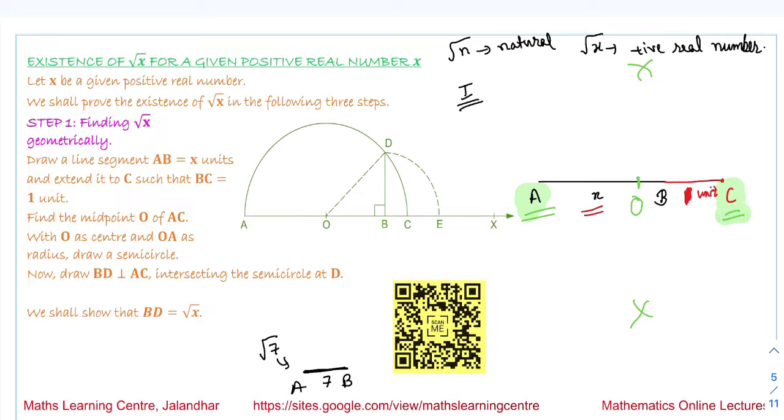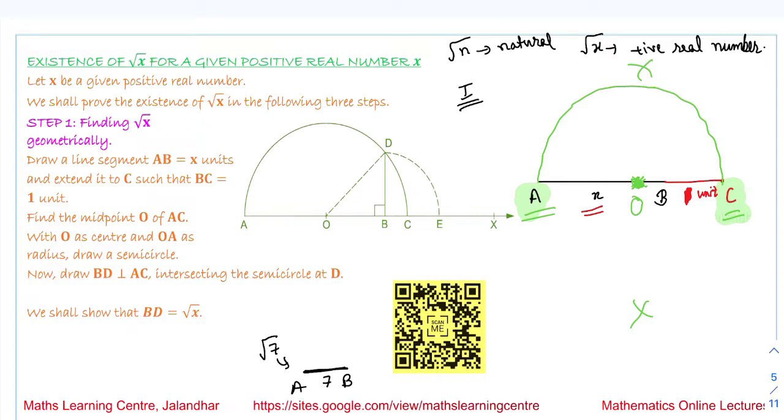Now the next thing we have to draw is a semicircle with center O and radius AO, or you can say diameter AC. So when we draw a semicircle over here, this O is the midpoint, or you can say the center of this semicircle.